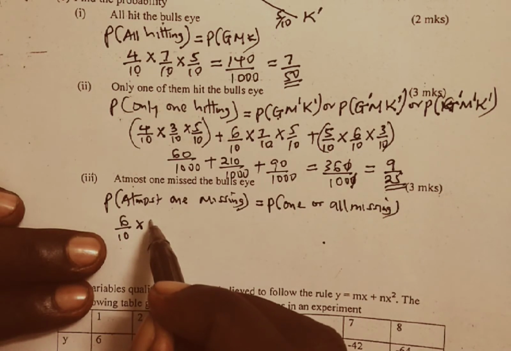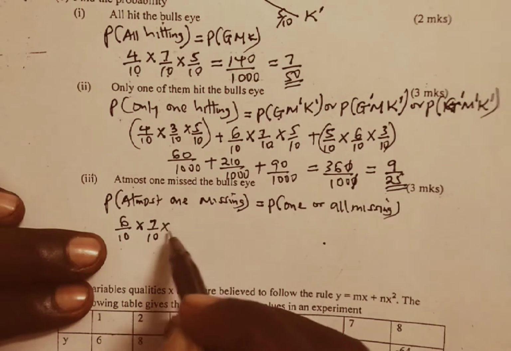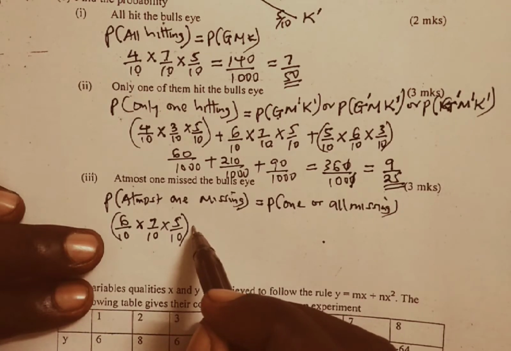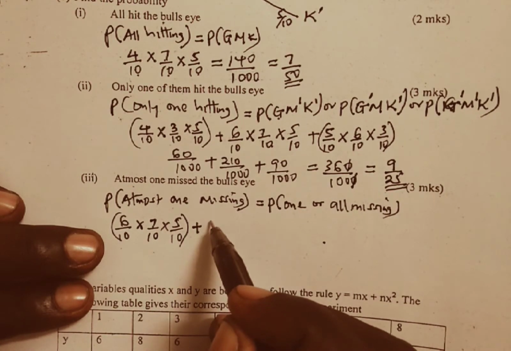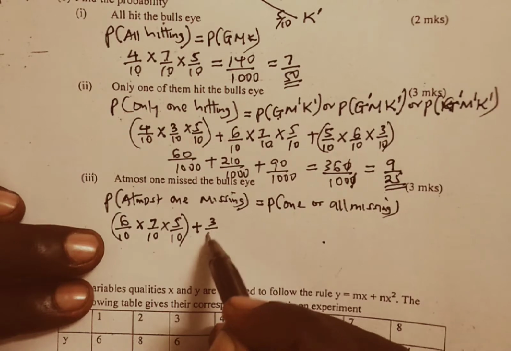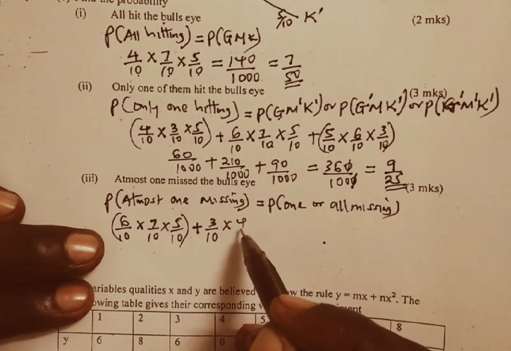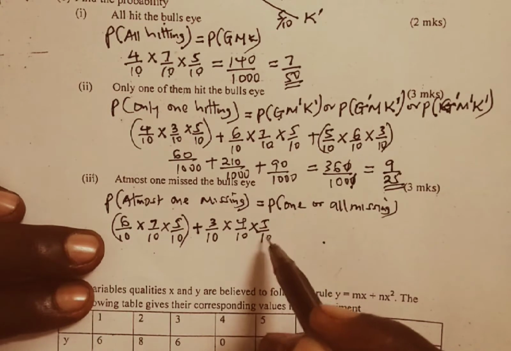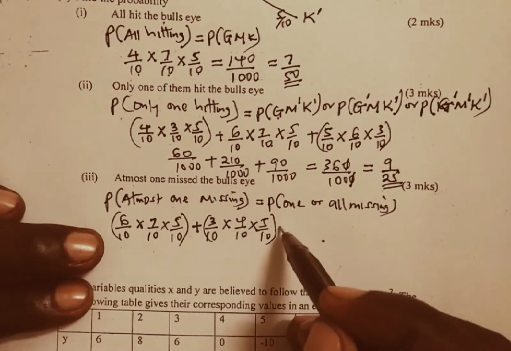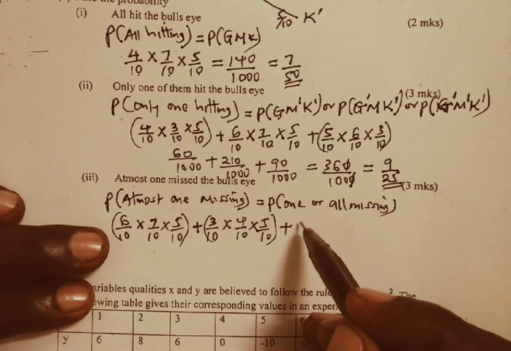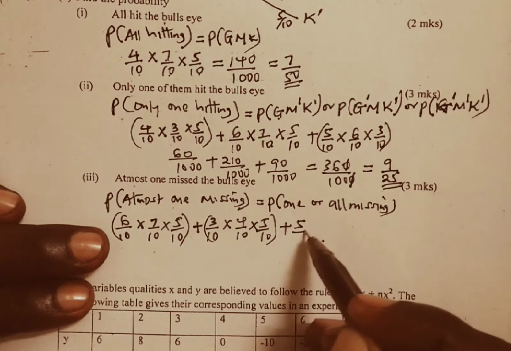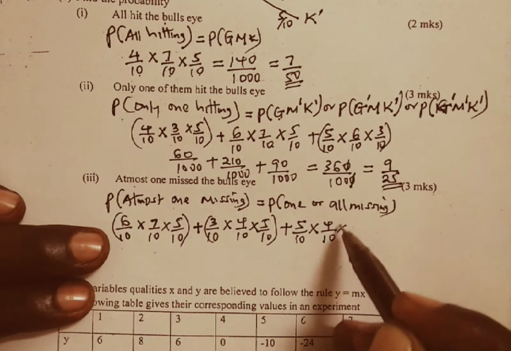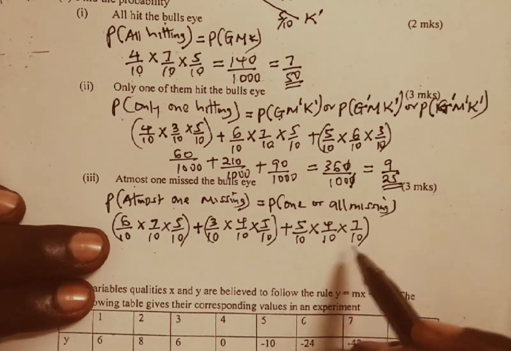Then the other two, that is Mwai 7 over 10 and the other 5 over 10 will automatically hit. Plus if Mwai misses, which is 3 out of 10, the other two will hit, that is Gitongo 4 over 10, we multiply by 5 over 10. And if, that is plus, if the other one misses, which is Kanyoro 5 over 10, the other two will hit, which is 4 over 10, we multiply by 7 over 10.